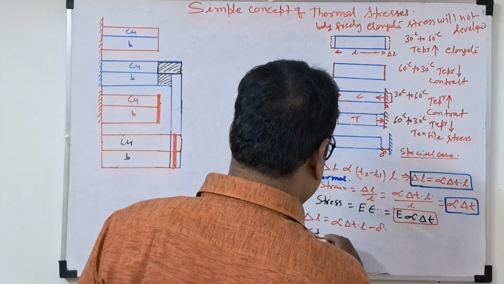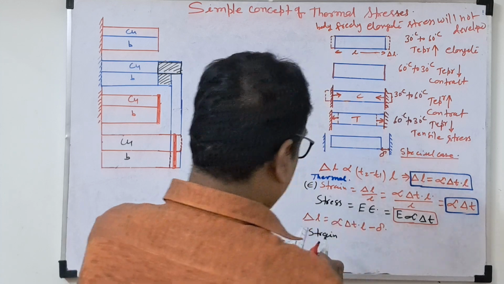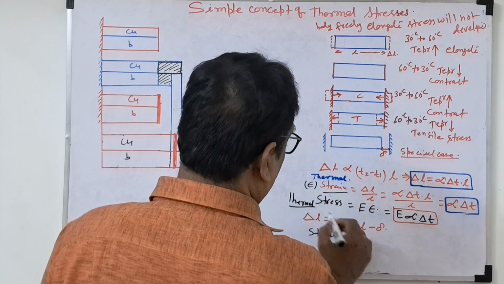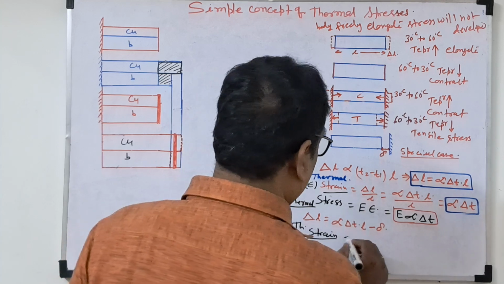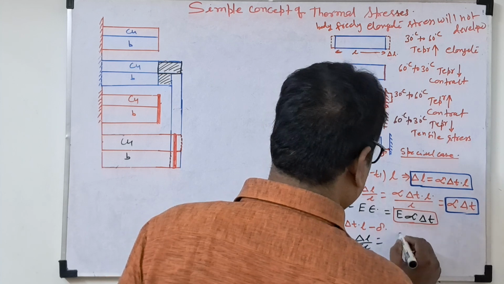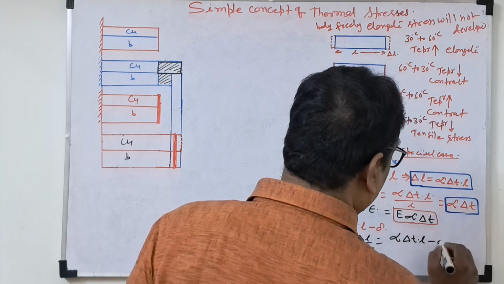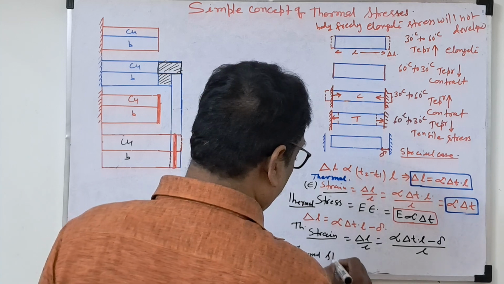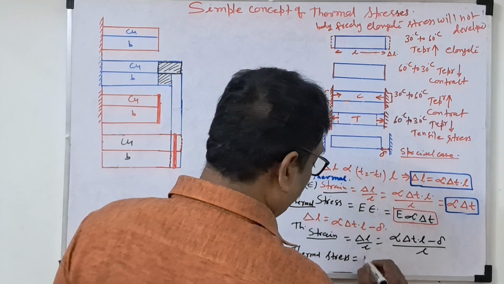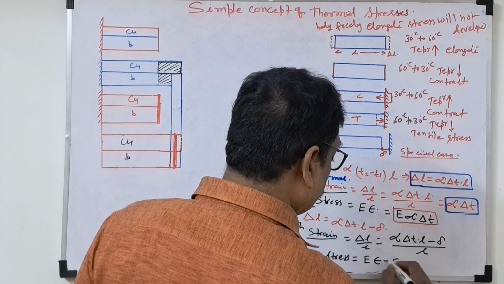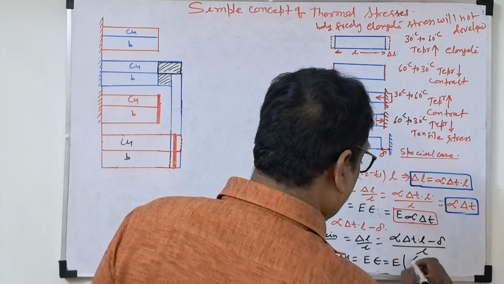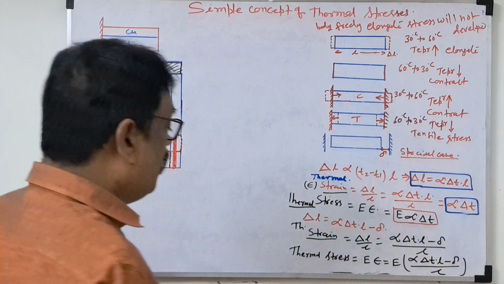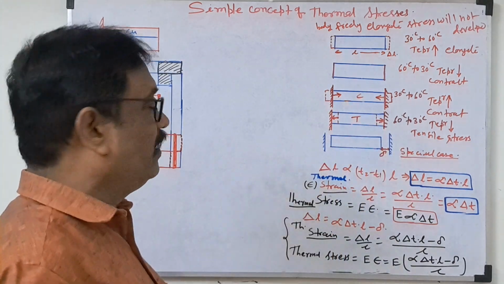Now the same formulas apply. Thermal strain is the change in length to the original length, so thermal strain equals alpha delta T L minus delta, divided by L. Thermal stress is Young's modulus into strain, so stress equals E times alpha delta T L minus delta, divided by L. This is the formula for the special case if yielding is after some distance delta.